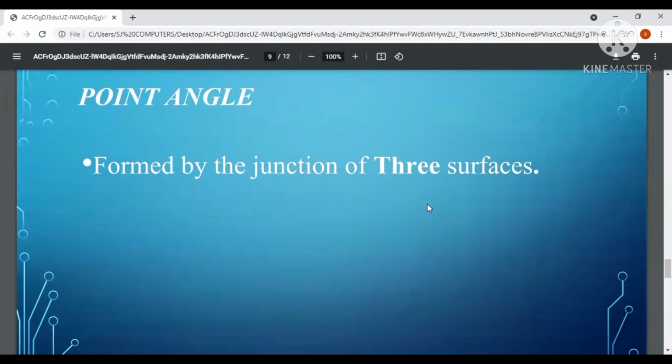Point angles. As we have studied, a line angle is basically formed by the junction of 2 surfaces. Now point angles are formed by the junction of 3 surfaces, that is x, y, and z. Three-dimensional pictures, right? So x, y, and z. A point angle is formed by the junction of 3 surfaces.